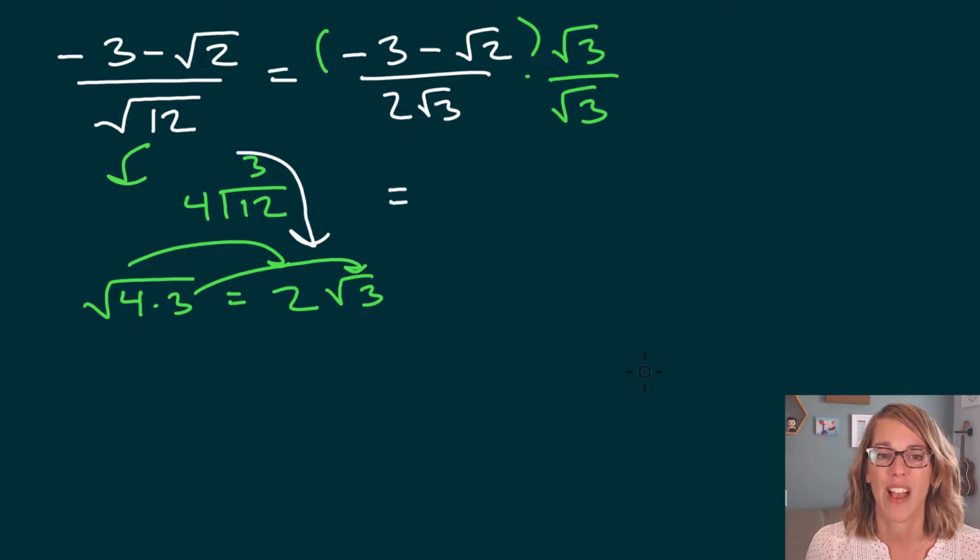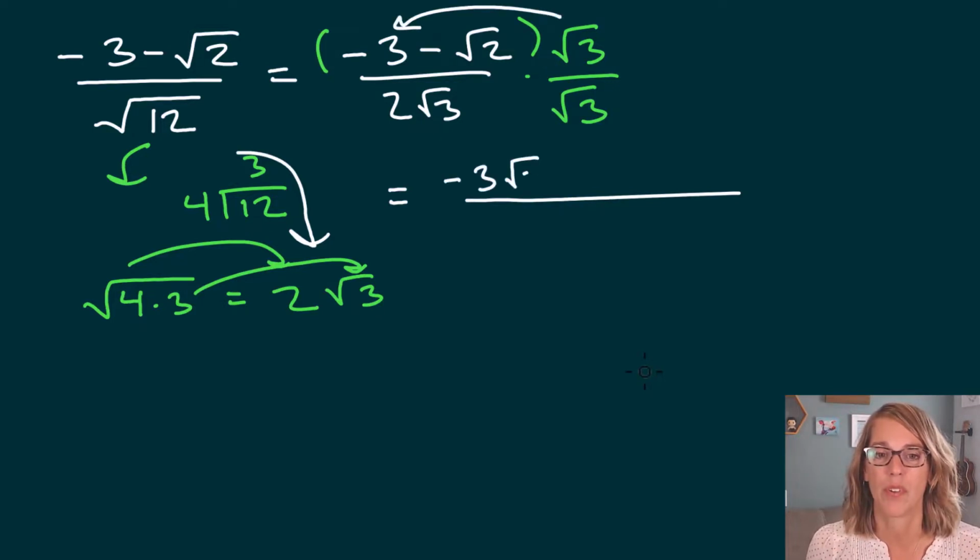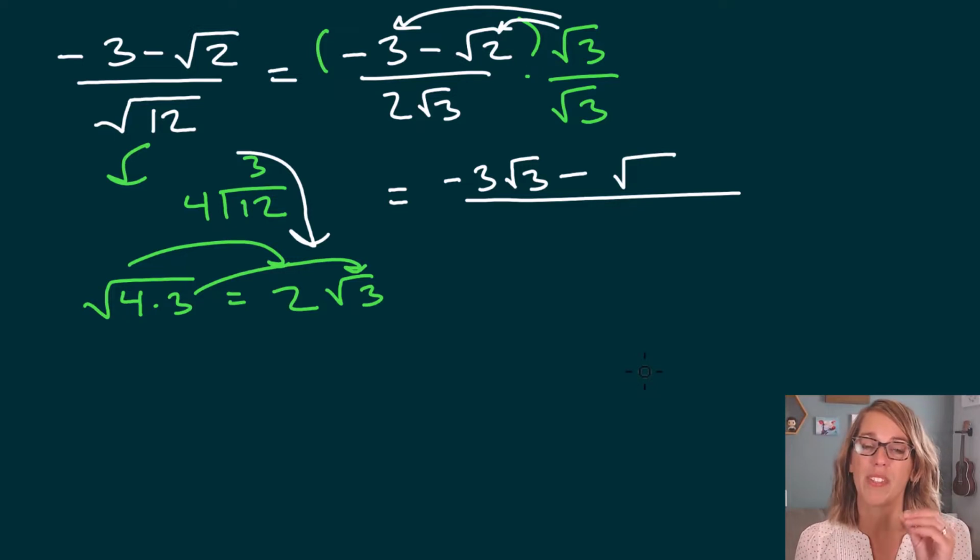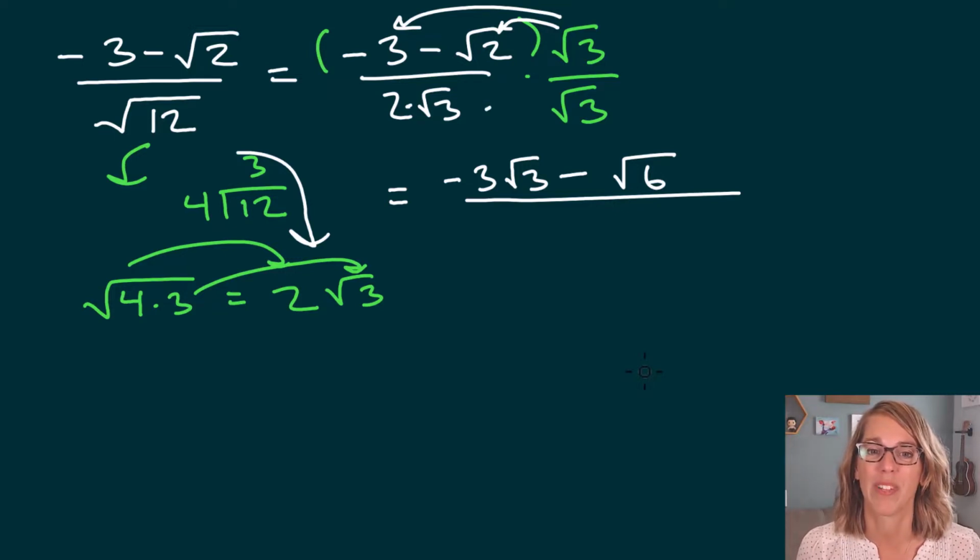So writing what we've got, we can distribute this radical 3. So I get negative 3 times the square root of 3, and I get my negative there in the middle, and then radical 2 times radical 3. That's going to be the square root of 2 times 3, or 6. In my denominator, everything is just multiplied here together.